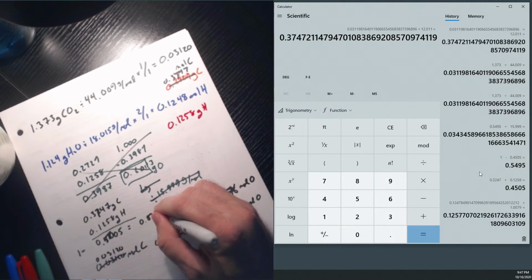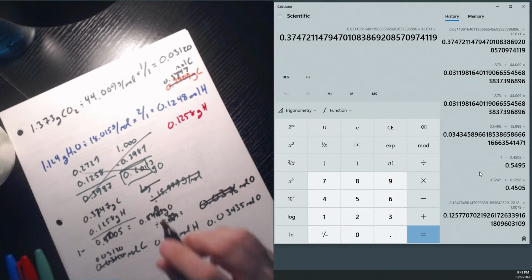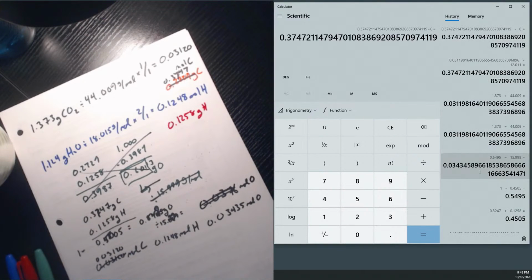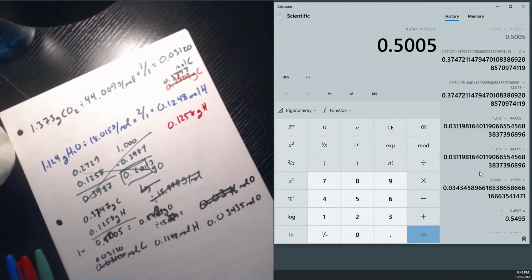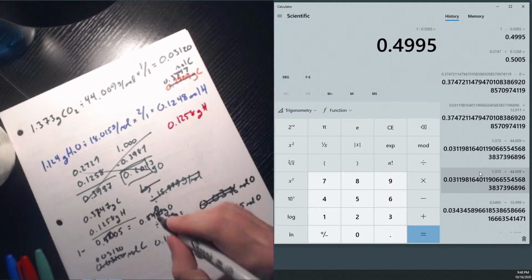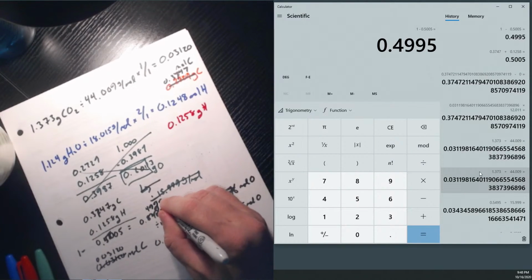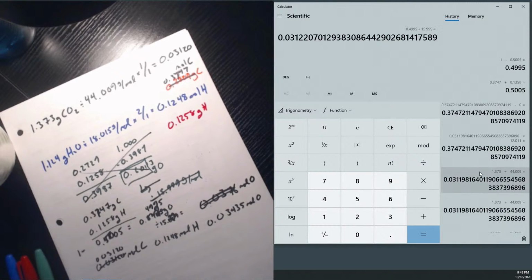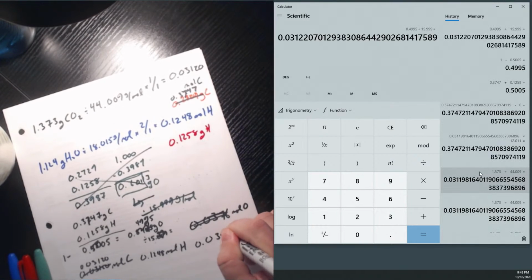This one was not. Because now 1 minus 0.5, oops, 0.3747 plus 0.1258, 1 minus 0.5005, 4995, divided by 15.999. Okay, 3120.